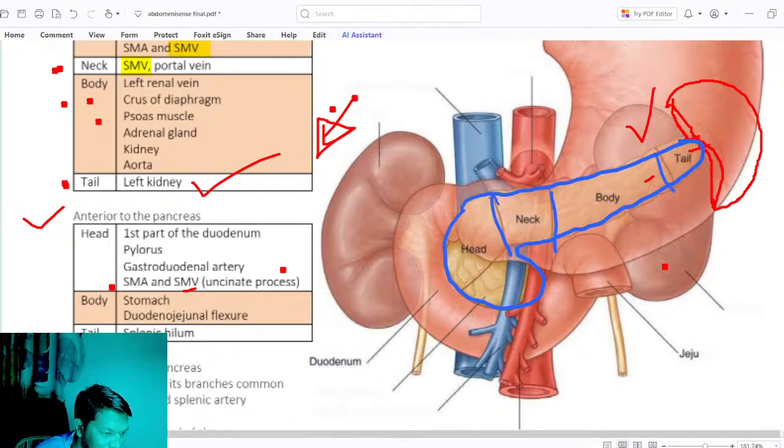The head remains within the curvature of the duodenum. Here will be the uncinate process. Then the neck; behind the neck there will be major structures, the main blood vessels. Then the body and the tail. The tail is attached to the spleen.